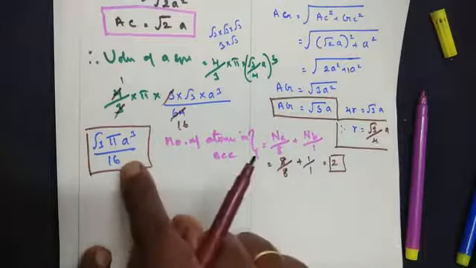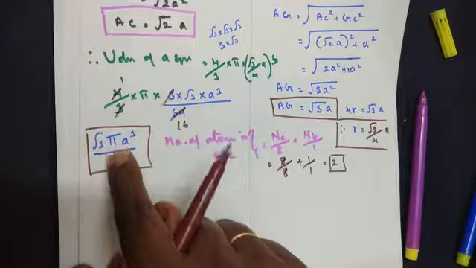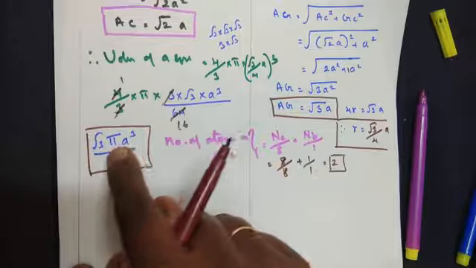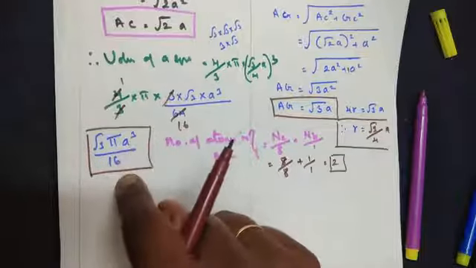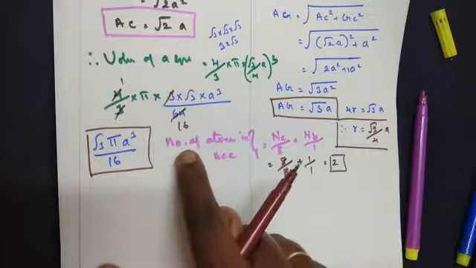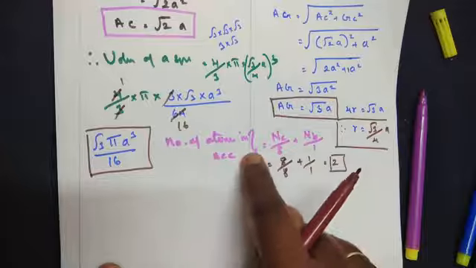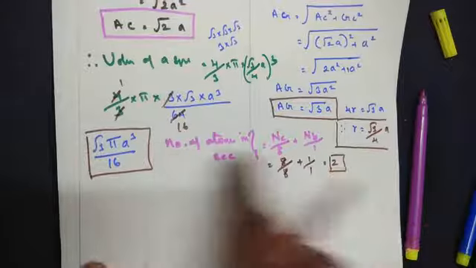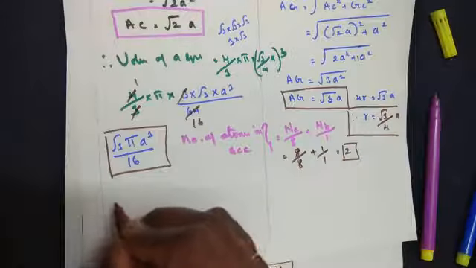So volume of the one sphere is square root 3 pi A cube by 16. So when we say number of atoms in a BCC, how many spheres are there? 2 spheres are there. Multiply this answer with the 2.